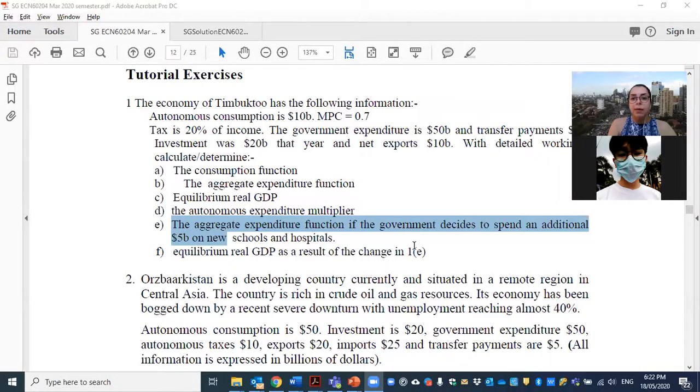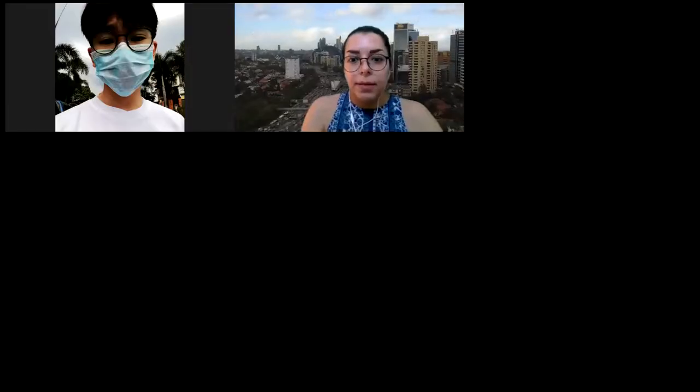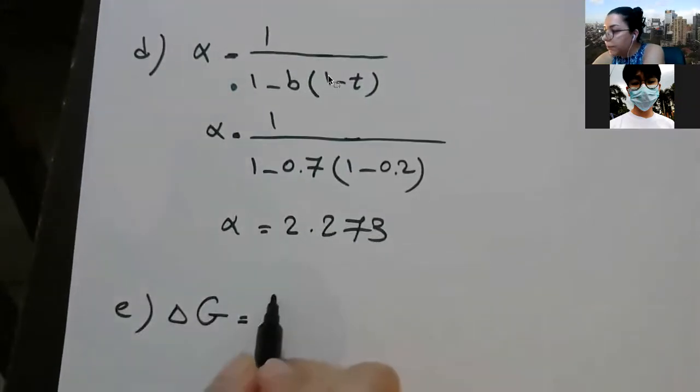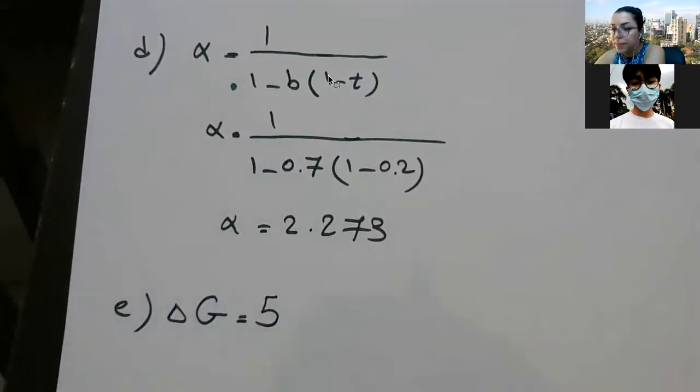It is saying that government is increasing the expenditure for 5 units, 5 billion. So it means that we have the change in government expenditure, which is going to increase for 5 units.